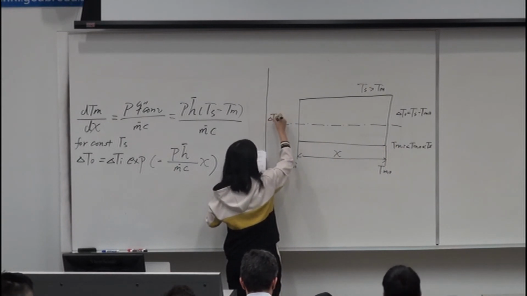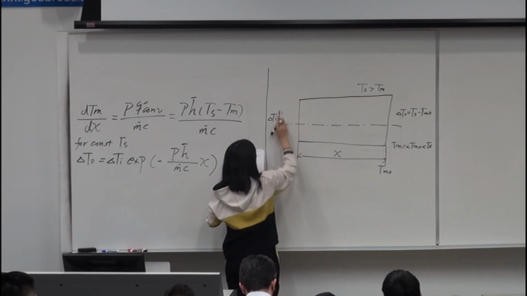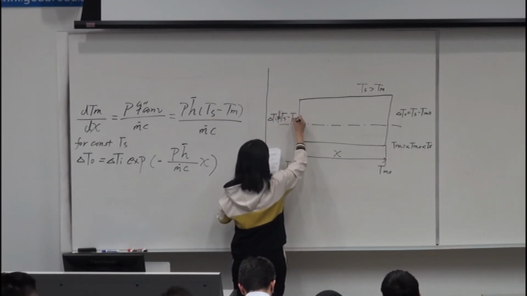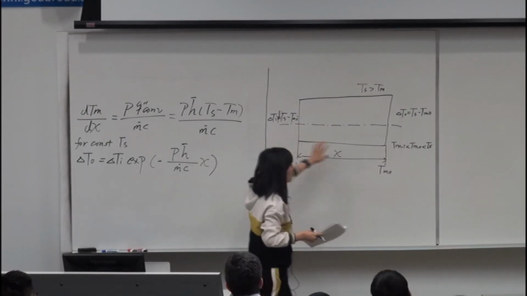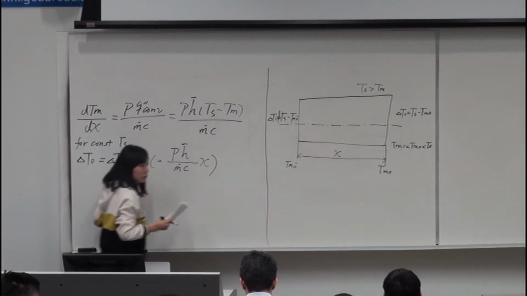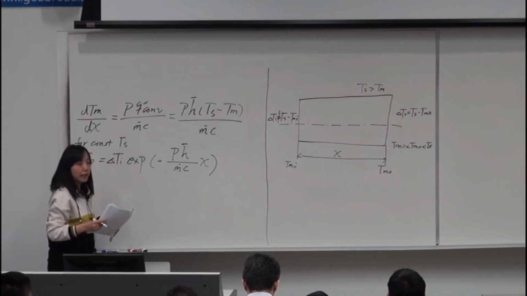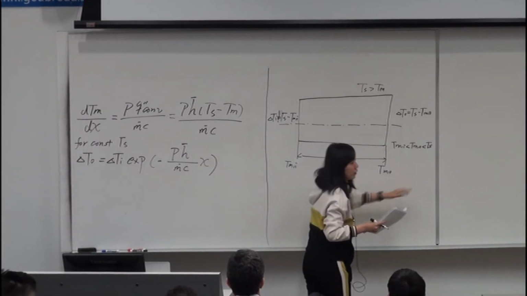Similarly, at the inlet, the inlet temperature difference, delta Ti, is between the tube temperature and the inlet temperature. The tube temperature is a constant, but the temperature difference, according to the solution, decays exponentially along the length of the tube.